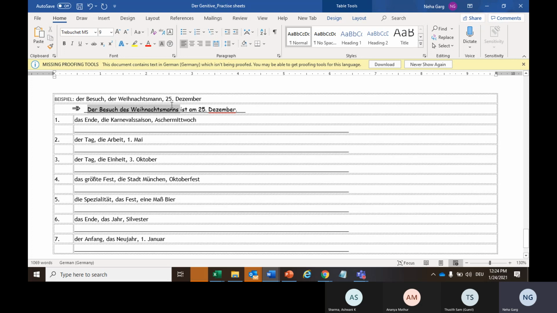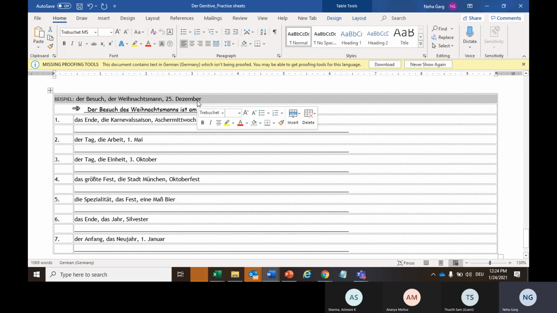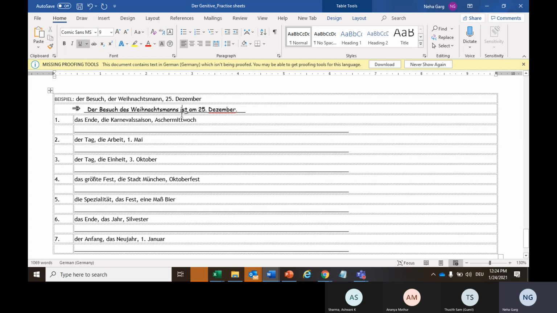What is being written here? Der Besuch des Weihnachtsmanns ist am 25. Dezember. So here there are separate words given. You have to combine them and write one sensible sentence using the genitive form. The visit of Santa Claus, or Weihnachtsmann, is on 25th December.